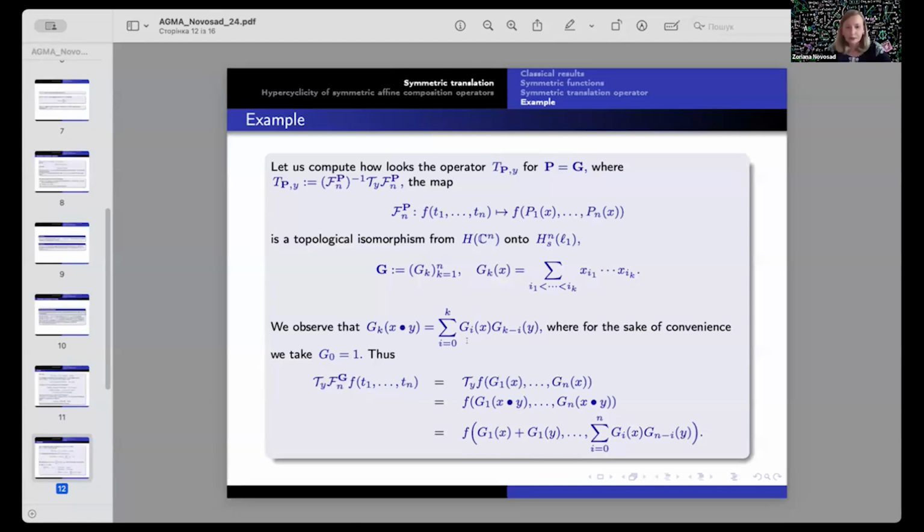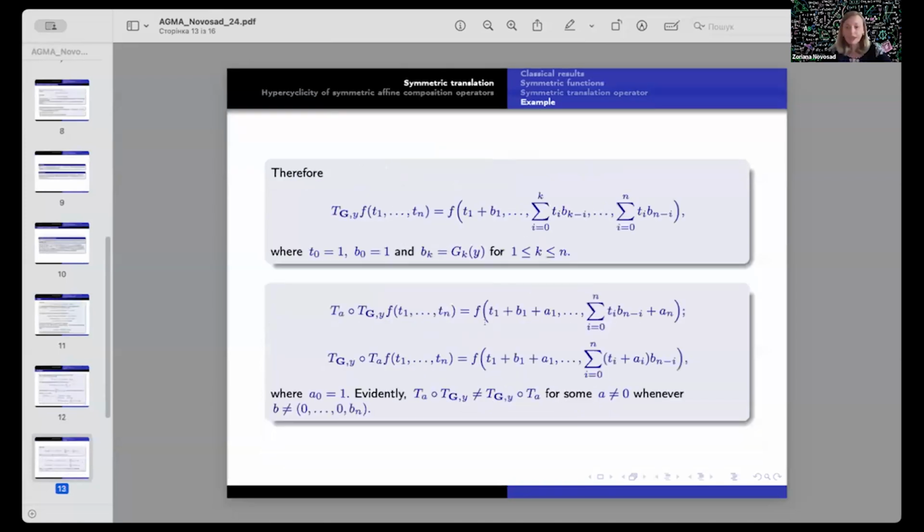We consider the operation with the other operator, and so we can get the next result. Why is this result interesting for us? Because we can see that T_a and T_{J,y} are not commutative. This operator is not commutative.